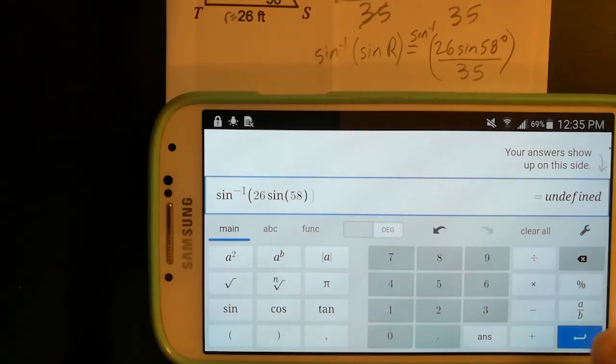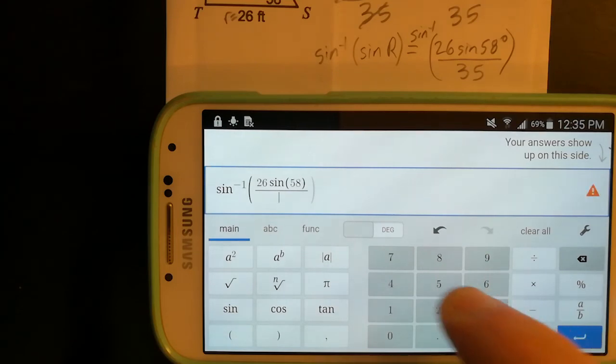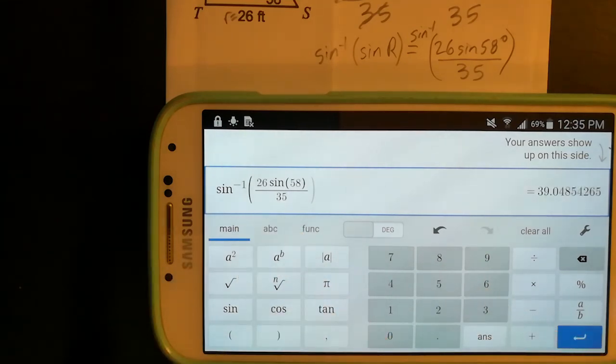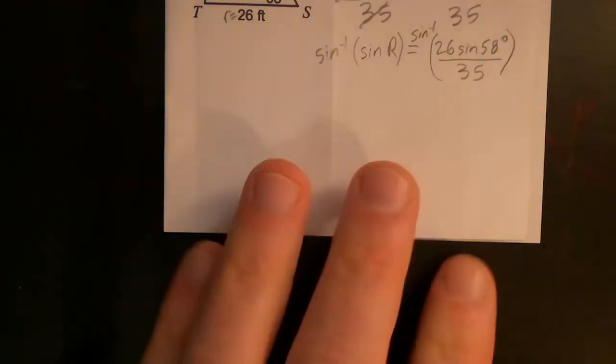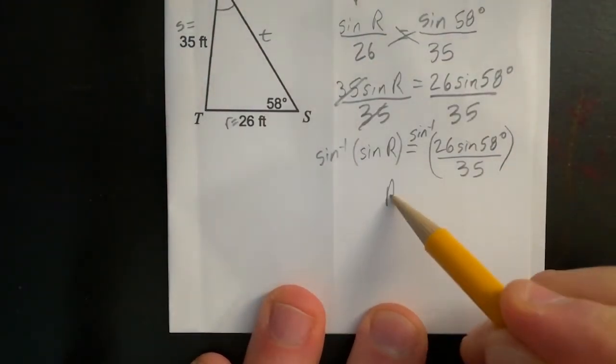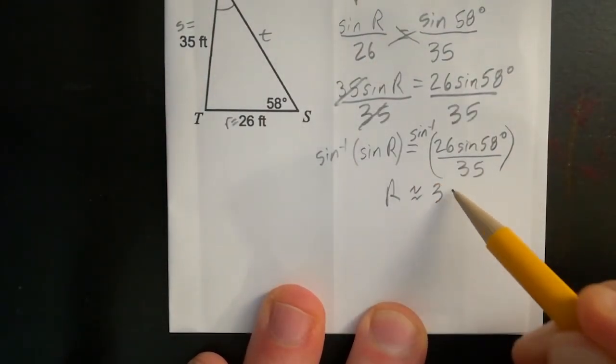There we go. And then divided by 35. All right, yeah, this is nice. Look how it formats it there. Okay, so we have 39 degrees is what this comes out to. If we take the inverse sine of all this business, we get about 39.0 degrees. So let me go ahead and write that down. All right, so that's what R equals.